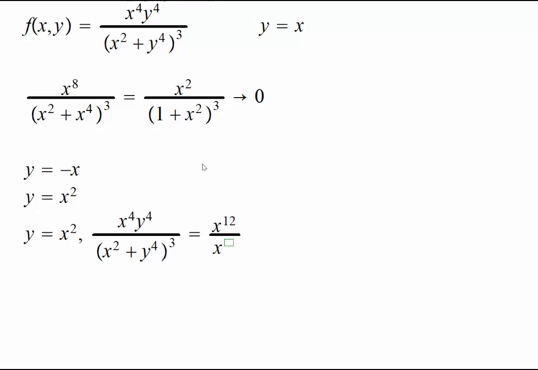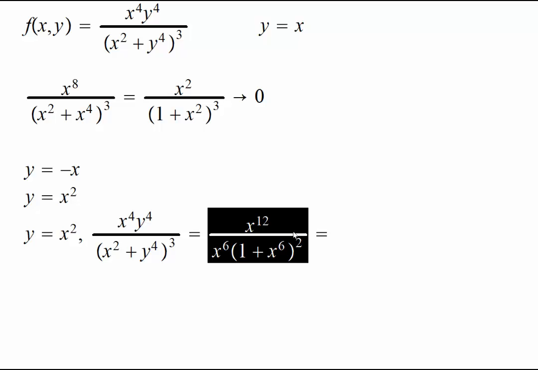And here we have x to the 8, so that will leave behind 1 plus x to the 6 squared, okay? And this also goes to 0.